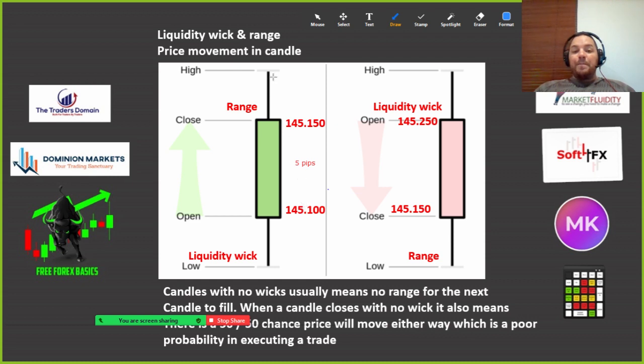But what I'm saying here is you've got a 5 pip candle, bearing in mind you haven't taken into account this wick and this wick.